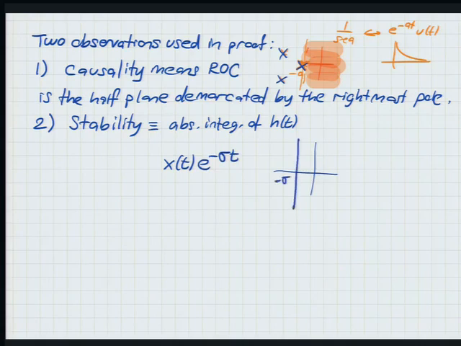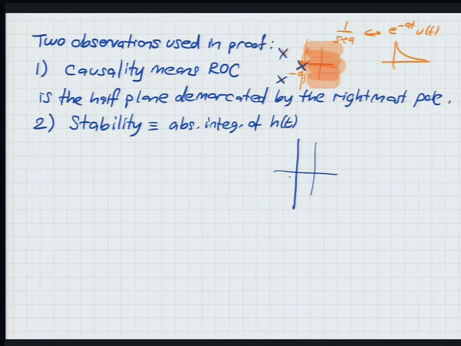Because if that's absolutely integrable, when multiplied by e to the negative j omega t, this integral will converge, right? So since we know that stability means H itself without any sigma is absolutely integrable, then that means the imaginary axis, where sigma is equal to 0, is inside the ROC.